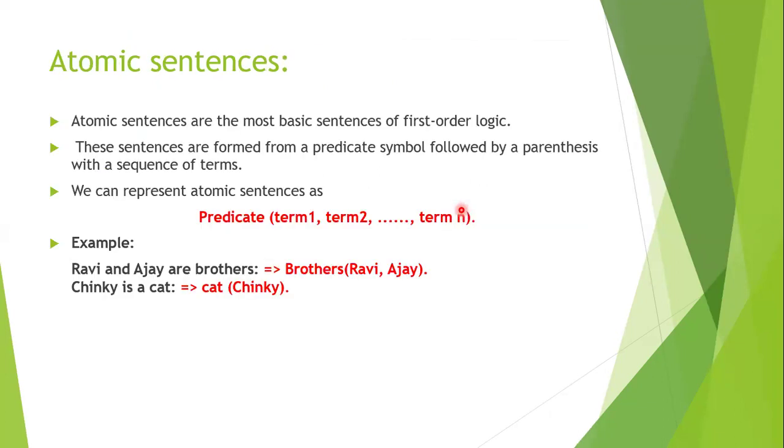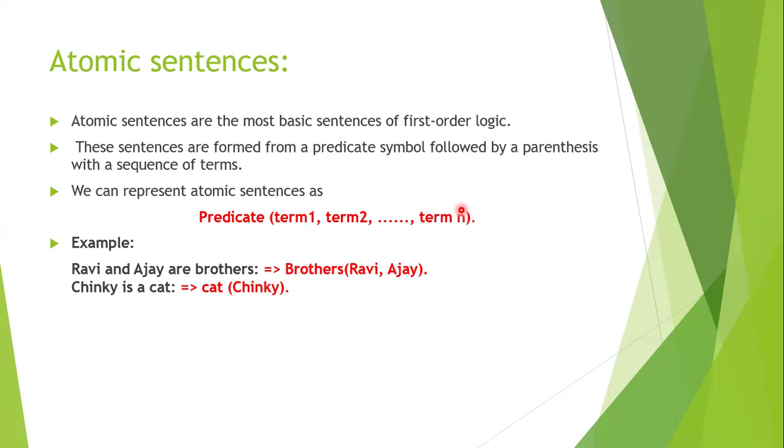Next, we are going to see atomic sentences. Atomic sentences are formed from a predicate symbol followed by parentheses with a sequence of terms. For example, take "Ravi and Ajay are brothers." This is a first order logic term. Here I am taking brother as a relation, and Ajay and Ravi are the corresponding objects.